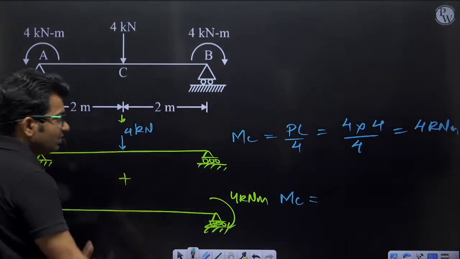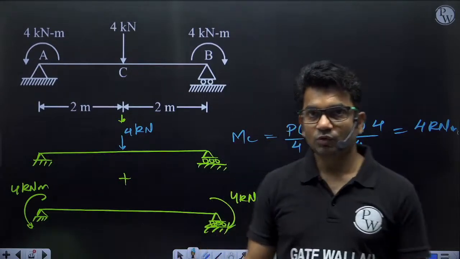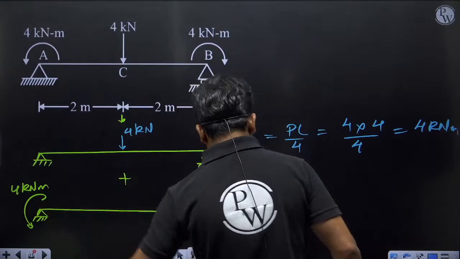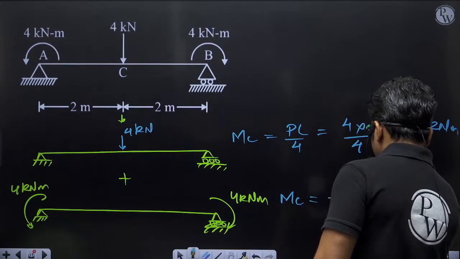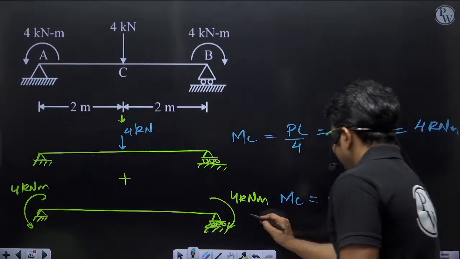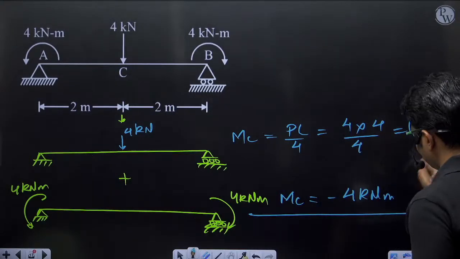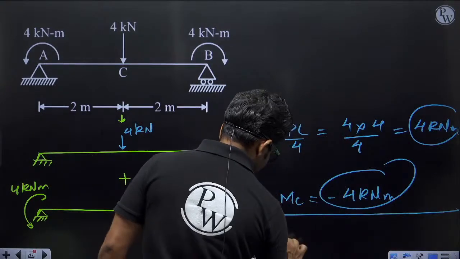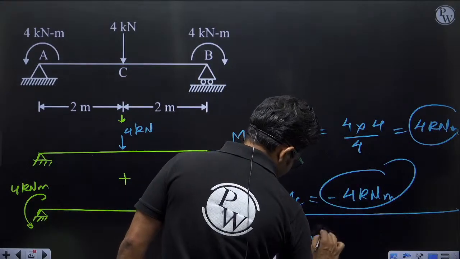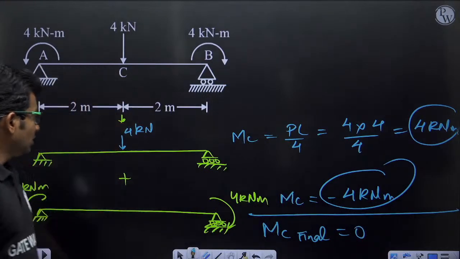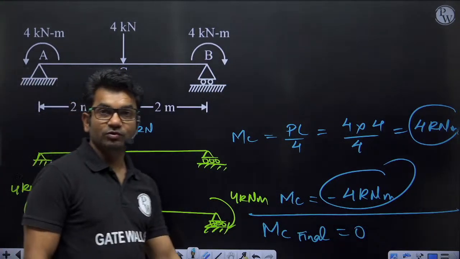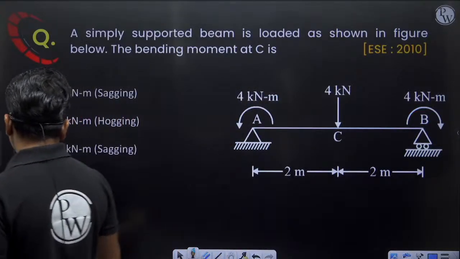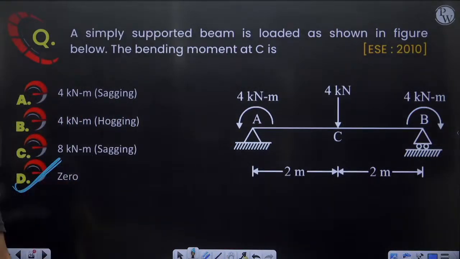Now these will be giving hogging bending moment, a constant bending moment throughout the beam, minus 4 kilonewton meter. If I add these two, 4 kilonewton meter plus minus 4 kilonewton meter, I'll get the final bending moment at C equal to 0. So the correct answer will be option D.